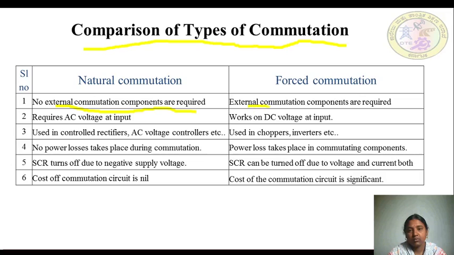In case of forced commutation, since DC supply is given as input, external commutation components have to be connected in order to make the SCR go into the off state. The second one, as I told you, is that AC supply will be the input to the SCR, and in case of forced commutation, DC supply or DC voltage will be the input to the SCR.